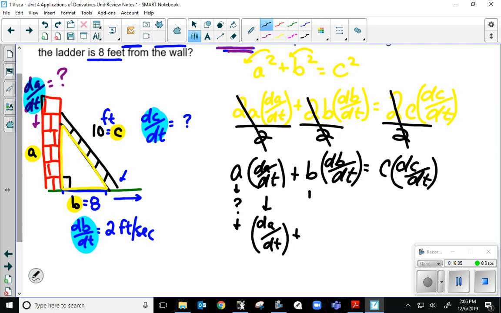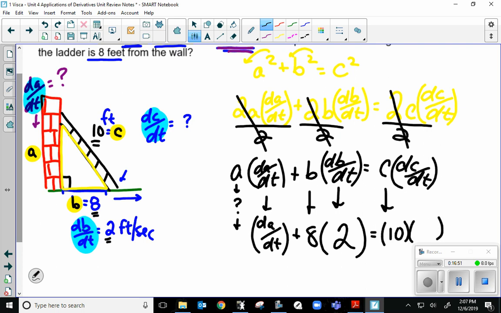Plus, B is 8 times the rate at which B is changing, that's dB/dt, that's 2, equals C, which is 10, times, what is dC? Look at this ladder here, this ladder right here, when that slides.